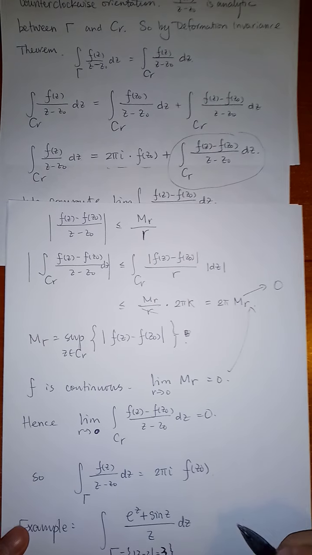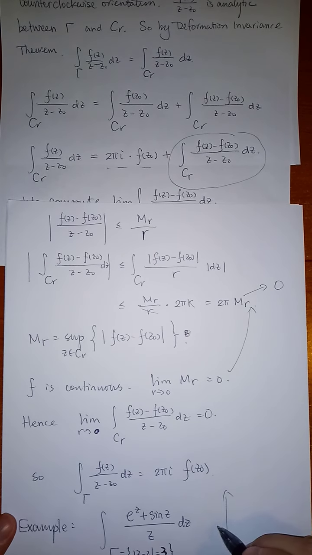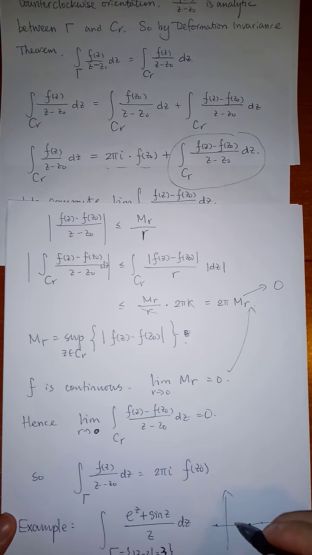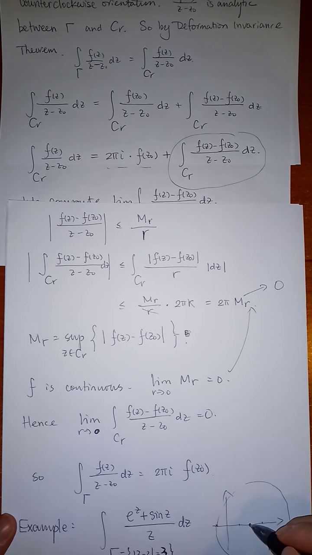Gamma is a circle centered at 2 with radius 3. 1, 2, 3. Centered at 2 with radius 3, so it's negatively oriented. It's very big. Okay.